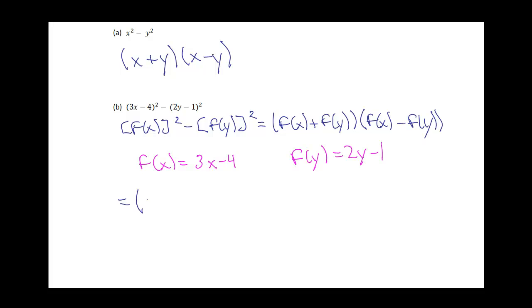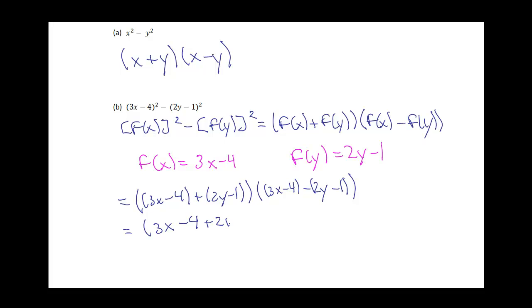We're going to get 3x minus 4 plus 2y minus 1 as our first binomial, and 3x minus 4 minus 2y minus 1 as our second binomial, which becomes 3x minus 4 plus 2y minus 1 onto 3x minus 4 minus 2y plus 1.